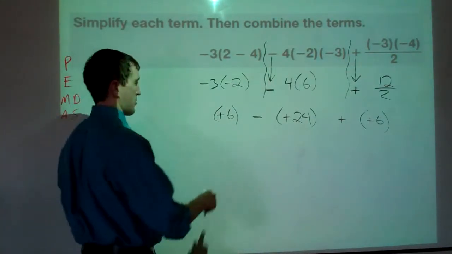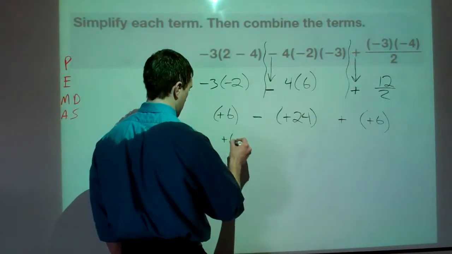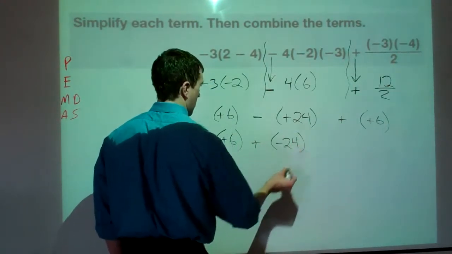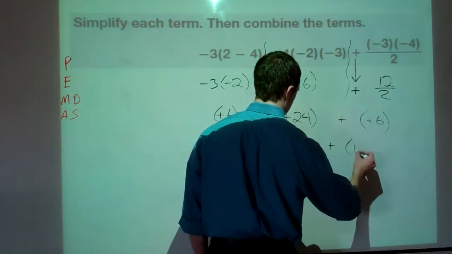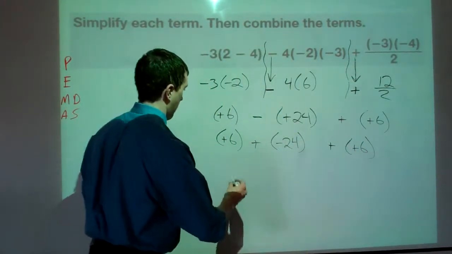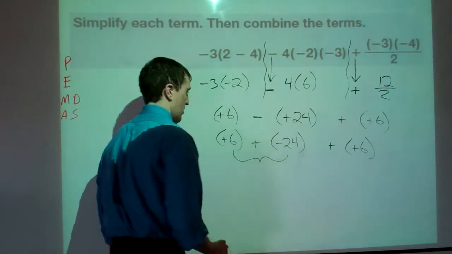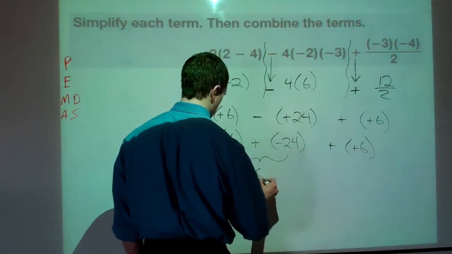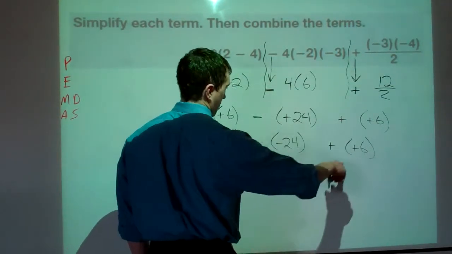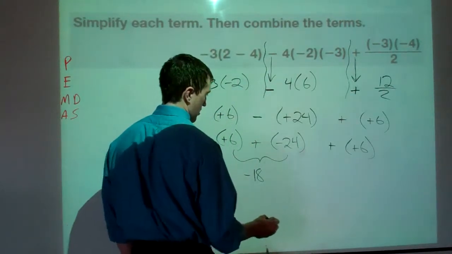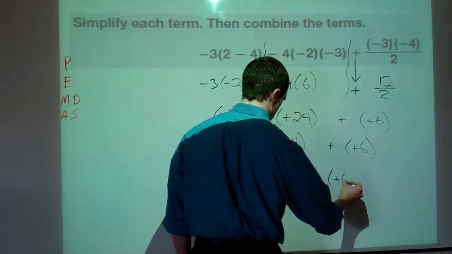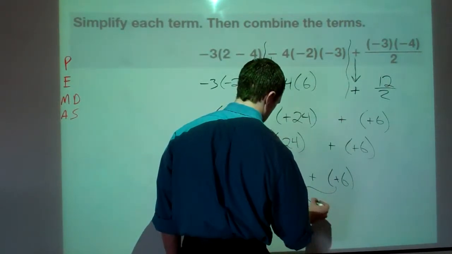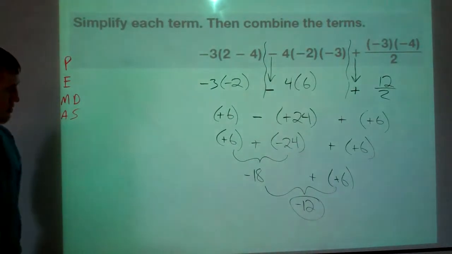And we can change subtraction into addition by adding the opposite, plus positive 6. Alright, so if we add these two together, positive 6 plus negative 24, we get negative 18. Negative 18 plus a positive 6 is negative 12. So we should get negative 12 for that answer.